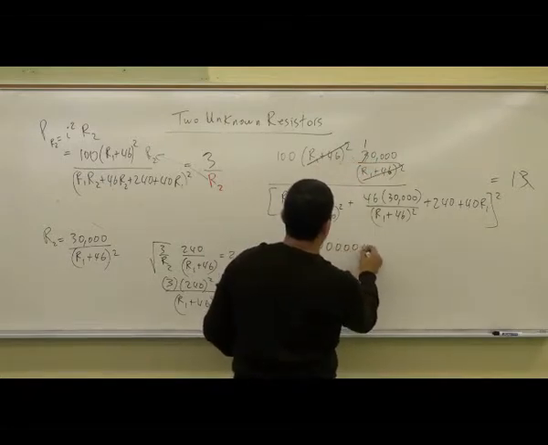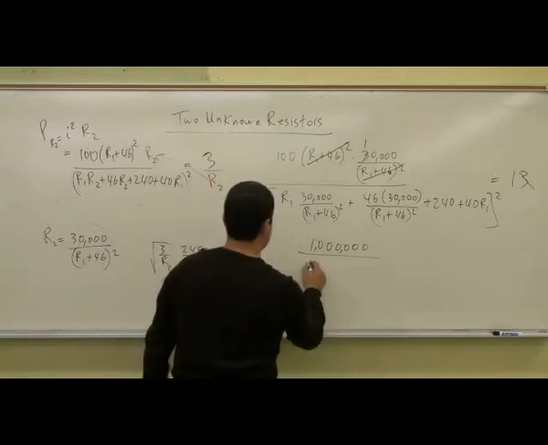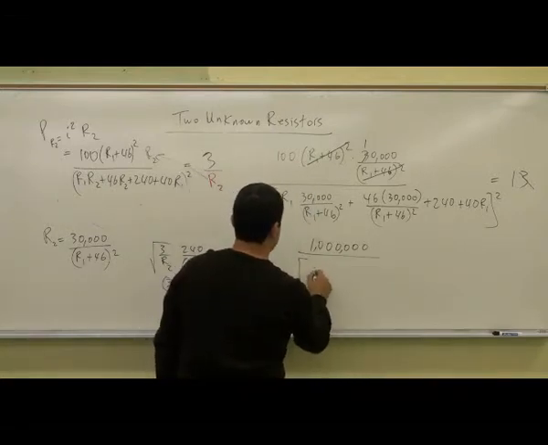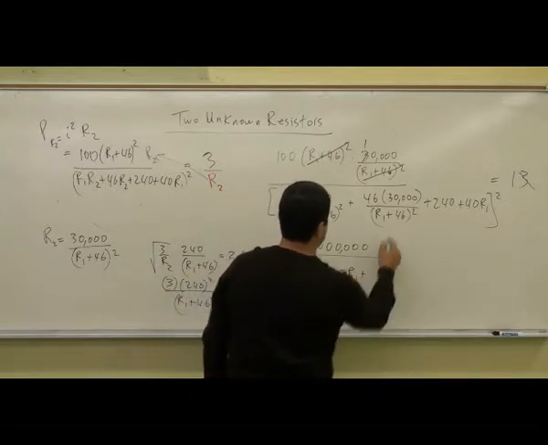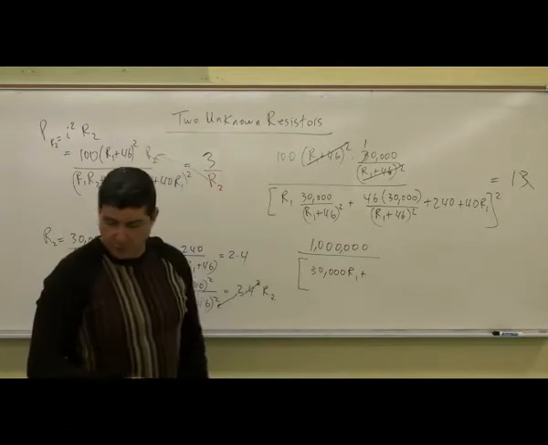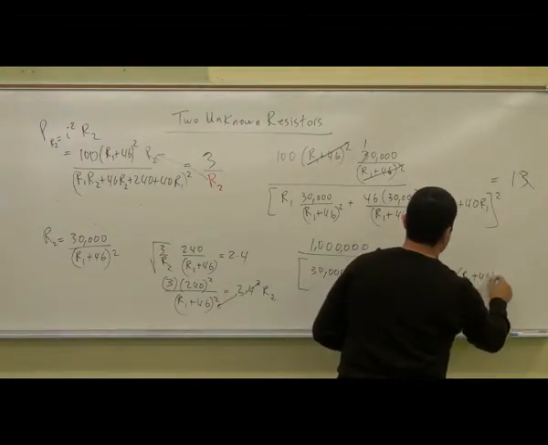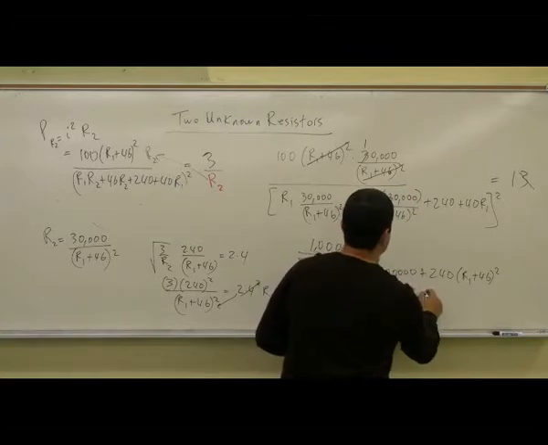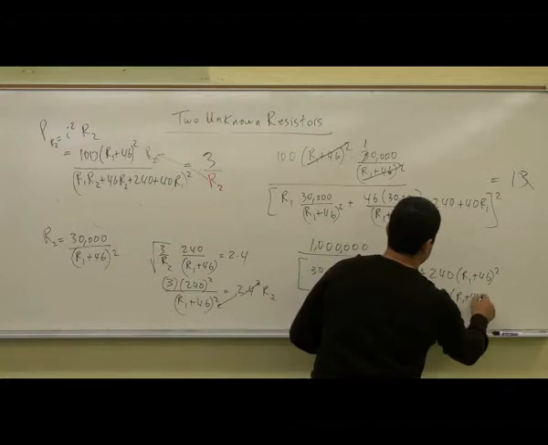1, 2, 3, 4. So essentially we have 6 zeros divided by 30,000 R1 plus 30,000 times 46 plus 46 squared plus 40 R1 plus 46 squared.